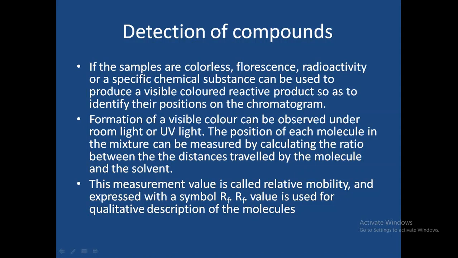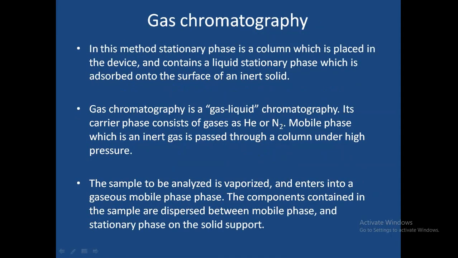So, you measure the distance moved by the solute from the point of origin, the application point, and the distance travelled by the solvent from bottom to top in case of upward movement of the mobile phase. If the RF value is determined, it is possible for you to identify the amino acids present in the given mixture. So, RF value is the one which will help you to detect the compounds present in the given mixture.